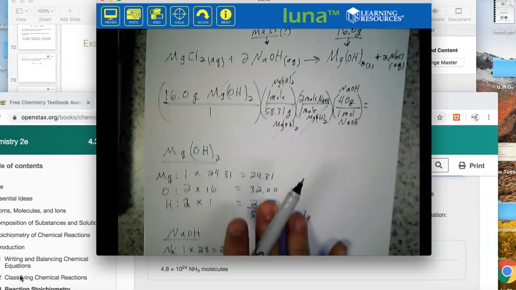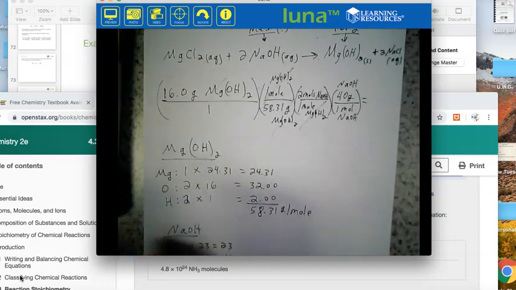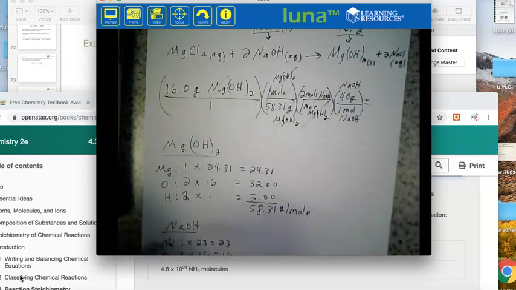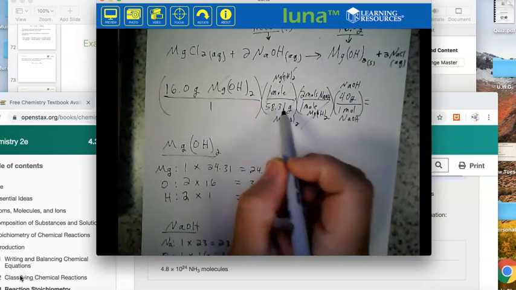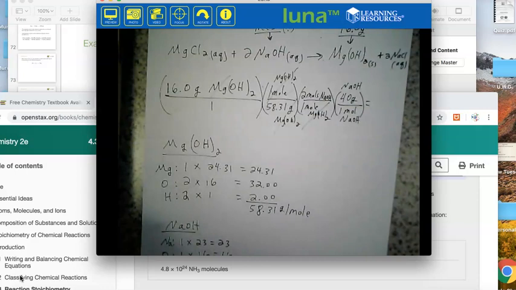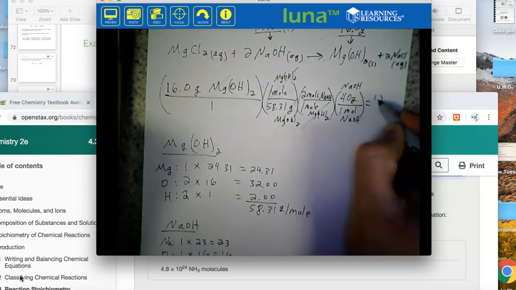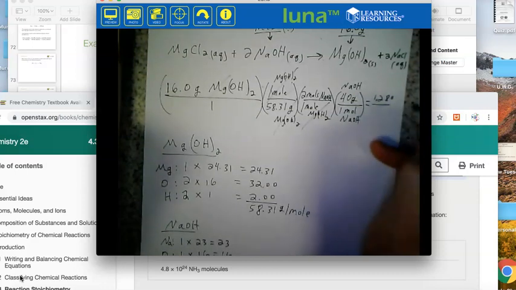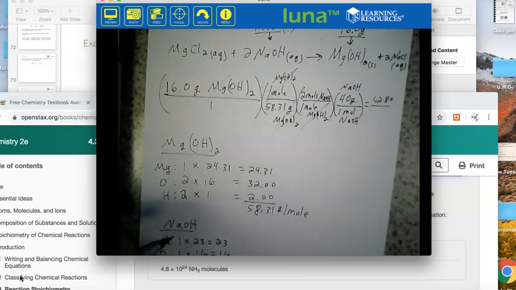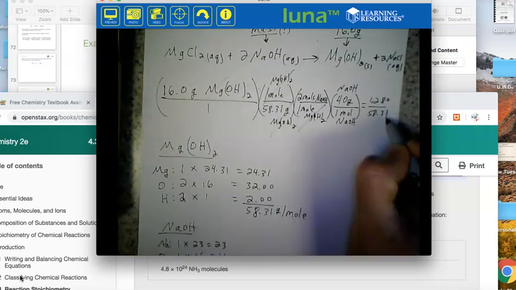Alright, so here now we're having to do the calculations. So all we're doing here is multiplying fractions out. We're multiplying the numerators together, so even though the units are canceling out, the numbers are not. So 16 times 1 times 2 times 40, and that is 1,280 over 1 times 58.31 times 1 times 1, which is 58.31.